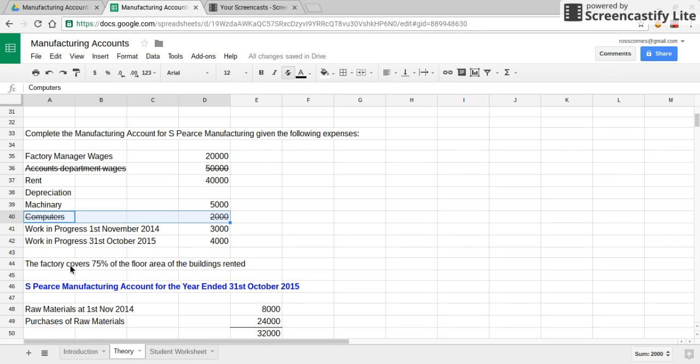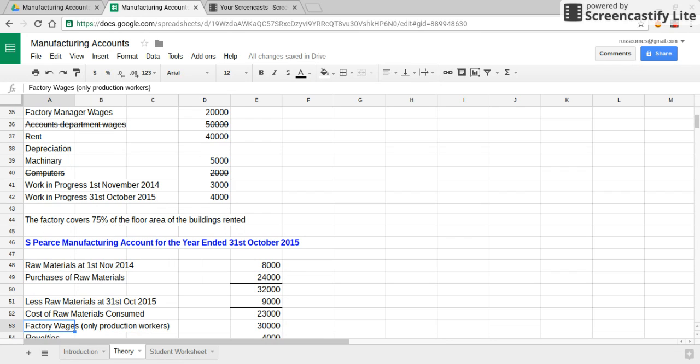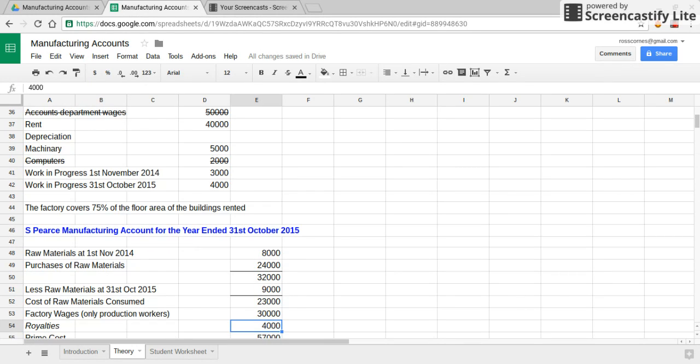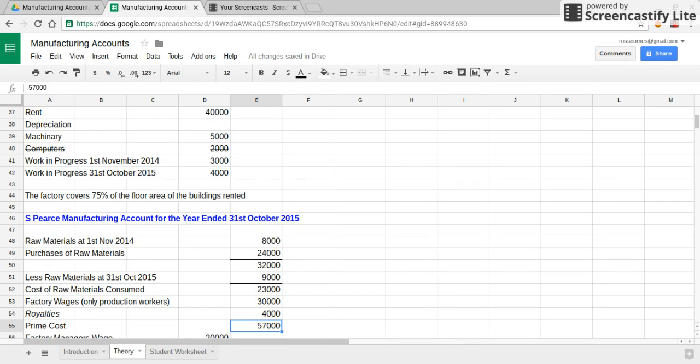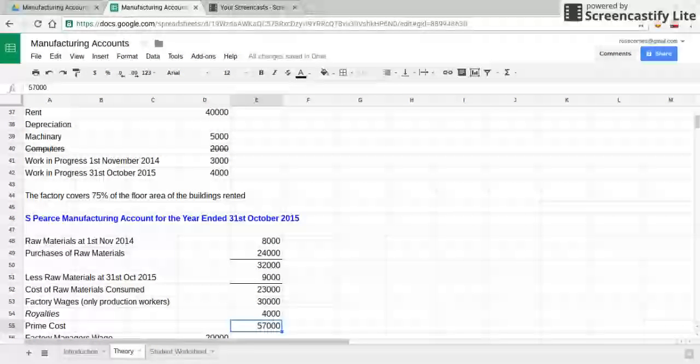You're told that in terms of the rent, 75% of the floor area belongs to the manufacturing side of the business. So what do we do? Well, we've got the top half of our manufacturing account, and then what we need to do is to add in all the additional expenses. So 30,000 for the factory wages, 20,000 for the factory manager's wages.